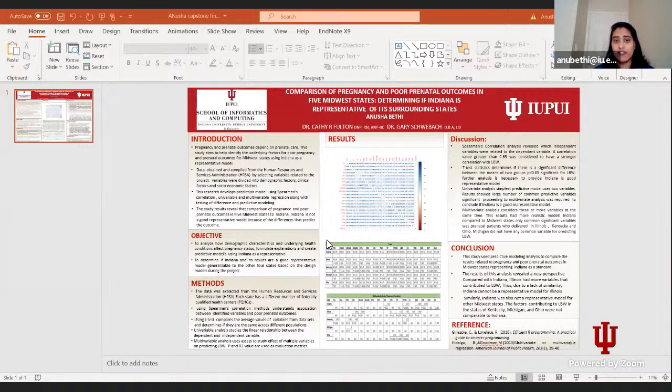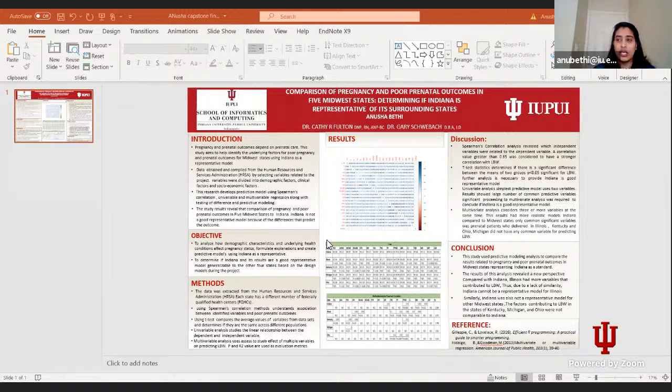The main objective of the study was to analyze how demographic factors and underlying health conditions were affecting the pregnancy status and its explanations, and to create the predictive model using Indiana as a representative. The second objective is to determine if Indiana is a good representative model for the other four states, based on the design developed during the course of the project.